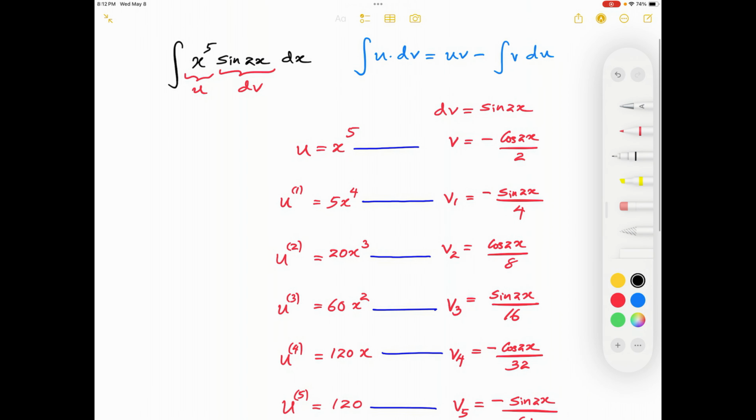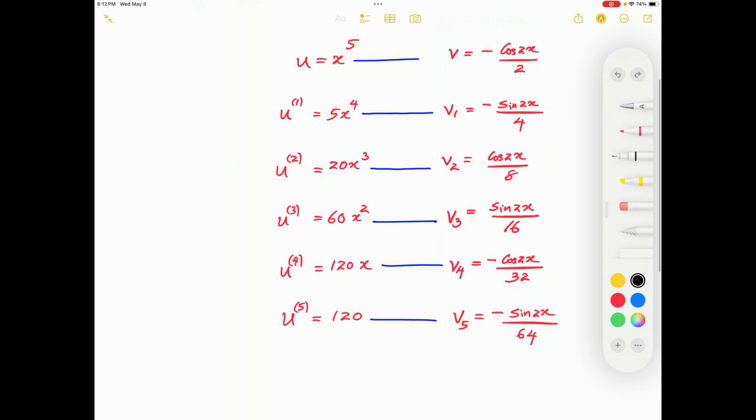If you pay attention to the integration by parts formula once again right here, the first term is a positive term. The second term is a negative term. Therefore, we need to maintain that plus minus pattern as you go down with repeated application of integration by parts. For the first product between u and v, we need to distribute a plus sign.